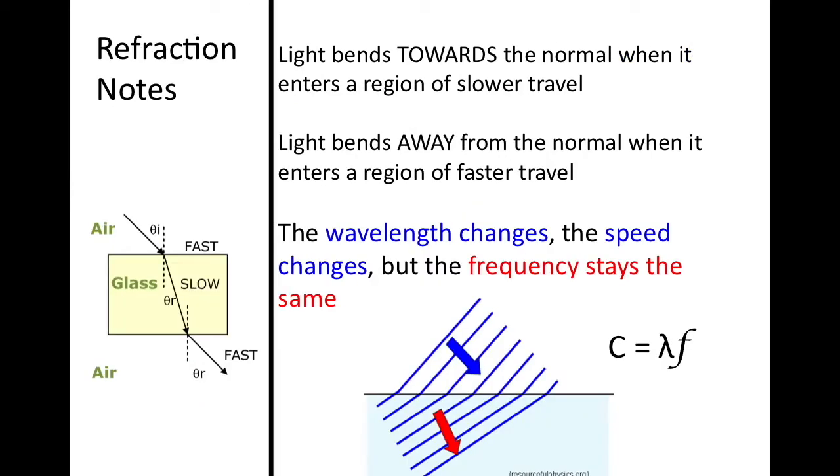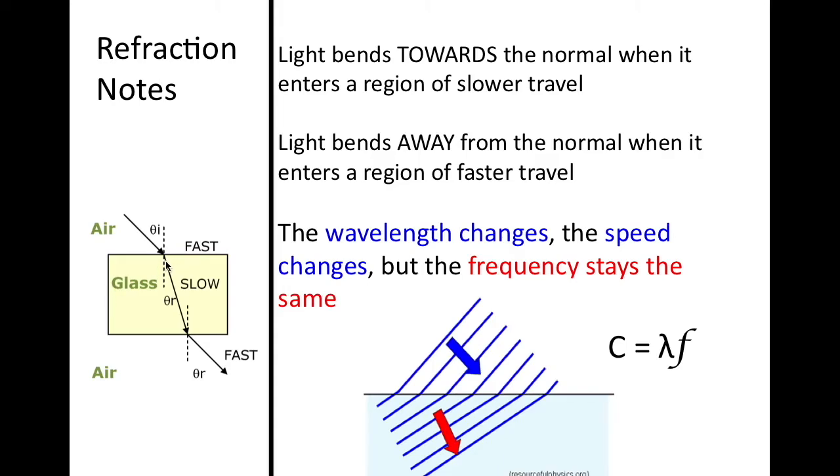Some things to know is that light bends towards the normal when it enters a region of slower travel. Let's take a look at this diagram over here. We have an incident ray that is traveling in the air, and when it reaches glass, it refracts, and as you can see, the trajectory is a little bit more towards the normal, which means that it's traveling into an area of slower travel.